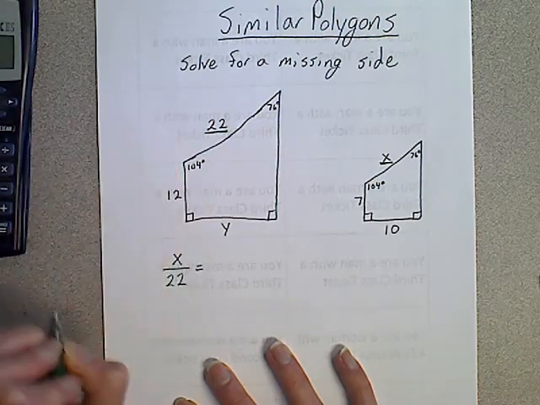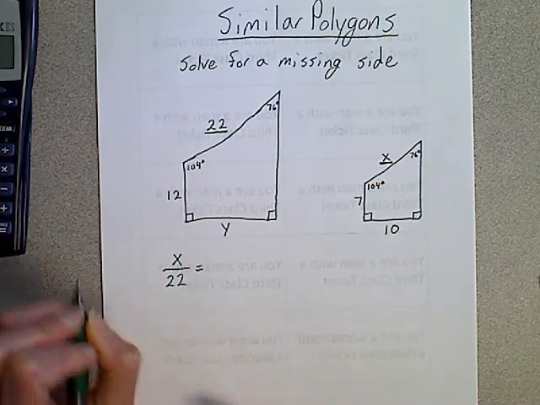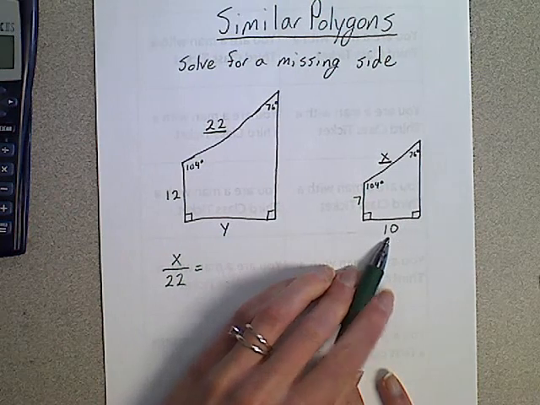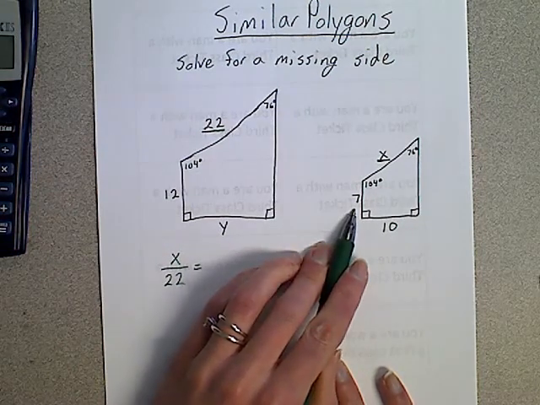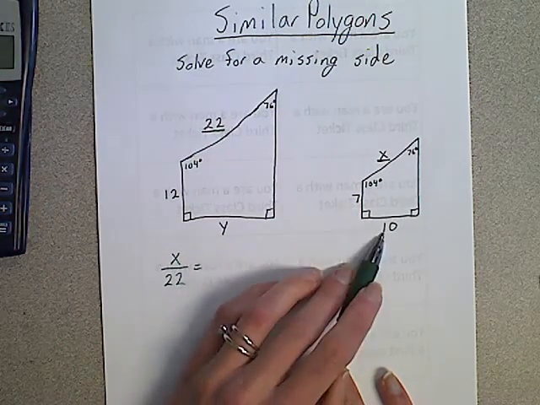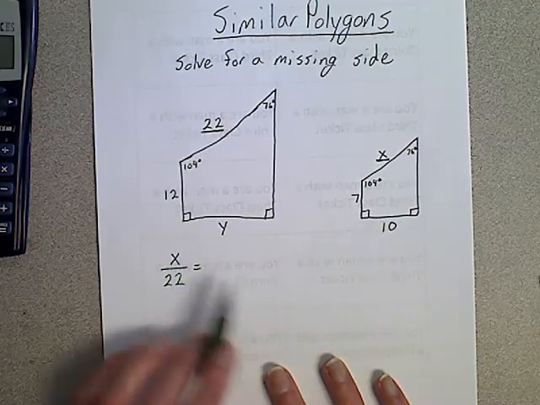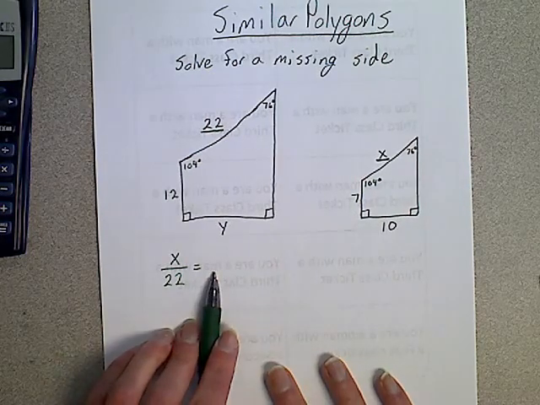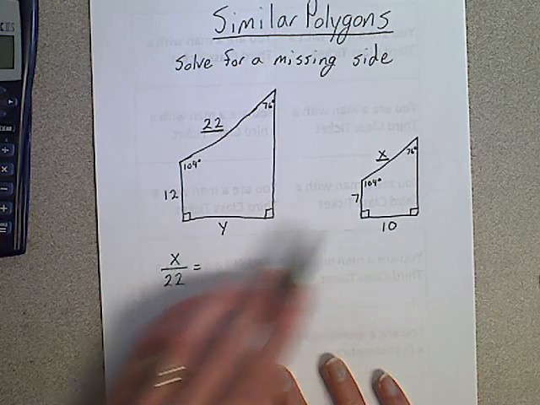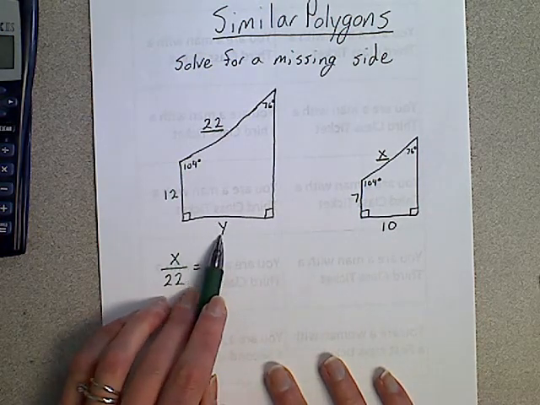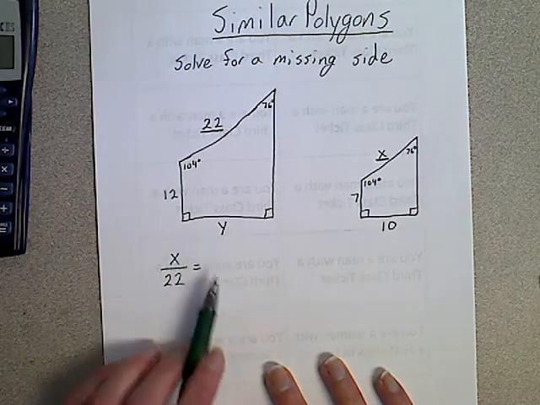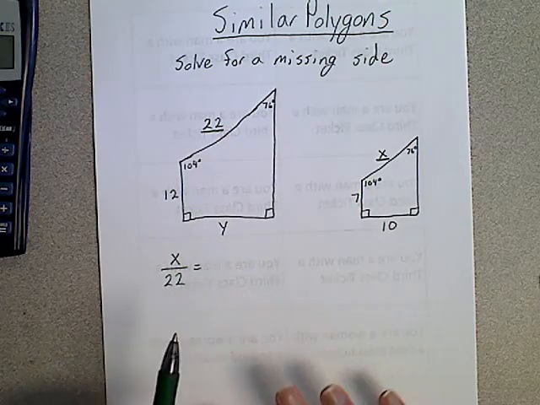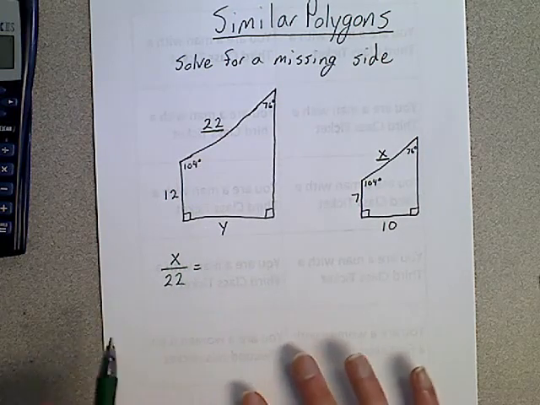Then it equals. Now for this part, we have to be careful. We see we have a 10 and a 7. We cannot use the 10 to create our scale factor for that second fraction, because if we look at our other shape, that matches up with a y. And if we have an equation with an x and a y, we will not be able to solve it.